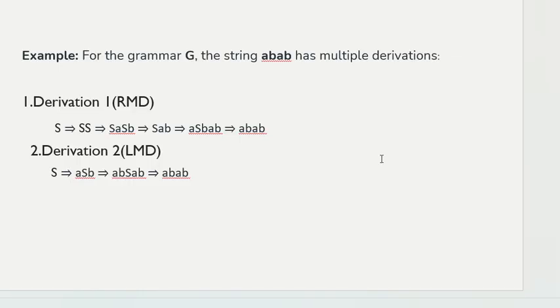We can explain one more example for this ambiguous grammar. For the grammar G, this string has multiple derivations. The first derivation is a rightmost derivation. In the rightmost derivation, the rightmost non-terminal is expanded first.